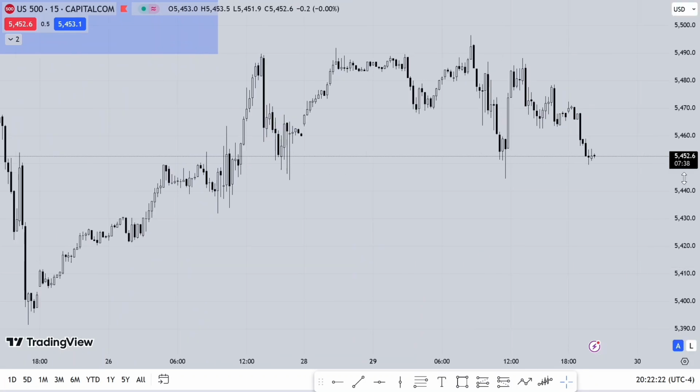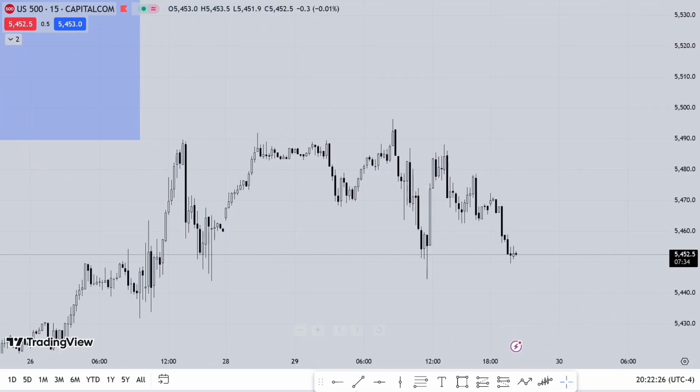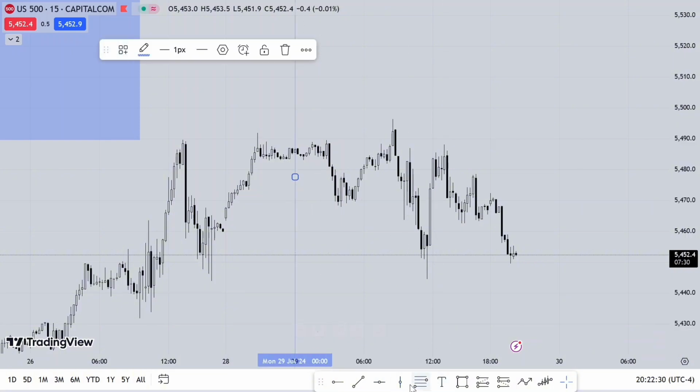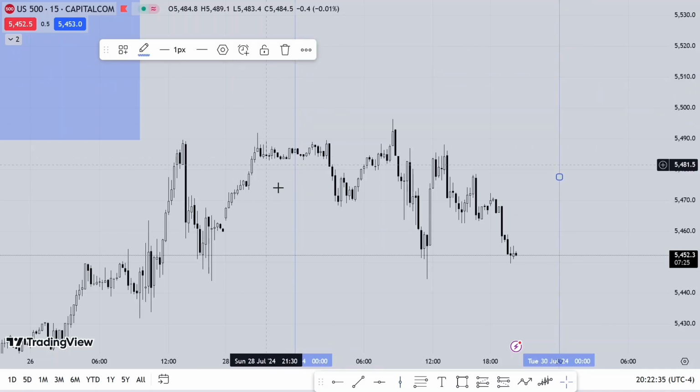So when you go to the 15-minute time frame, you would have, so this is the daily delineation of this daily time frame of this 29th of July.